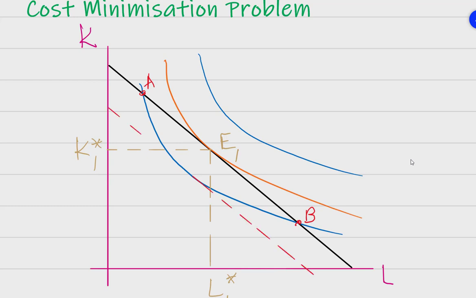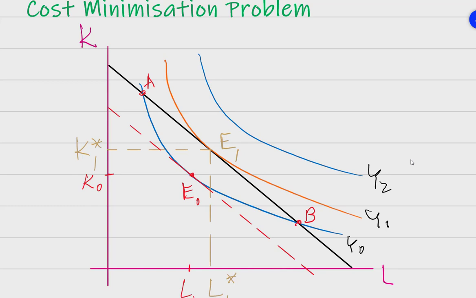If we draw another isocost line which is parallel but to the left-hand side of the original isocost line, we can see that the tangency requirement is fulfilled at point E0, and the firm can hire L0 and K0, lower quantities, in order to produce the same output level Y0, which would be the same output if the firm produces either at point A or point B, but with a higher cost.